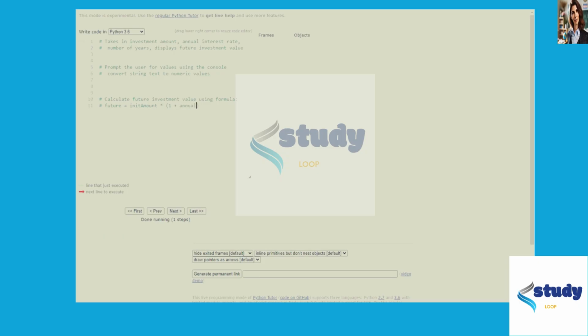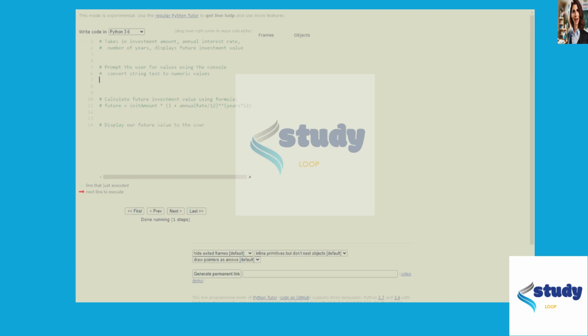Well, that's going to be the annual rate divided by 12. We're going to take that to the power of the number of months. Well, that's just the number of years times 12, since there are 12 months per year. And after that, we're going to display our final future value to the user.